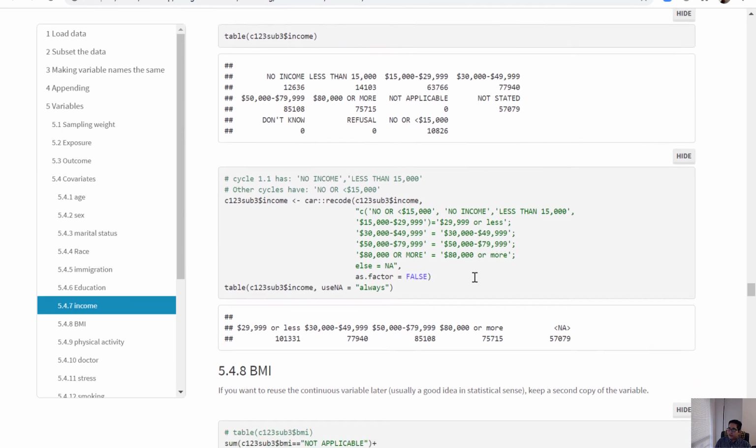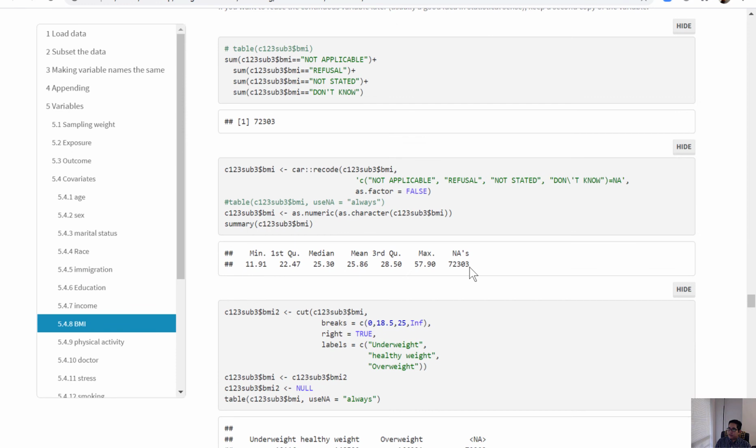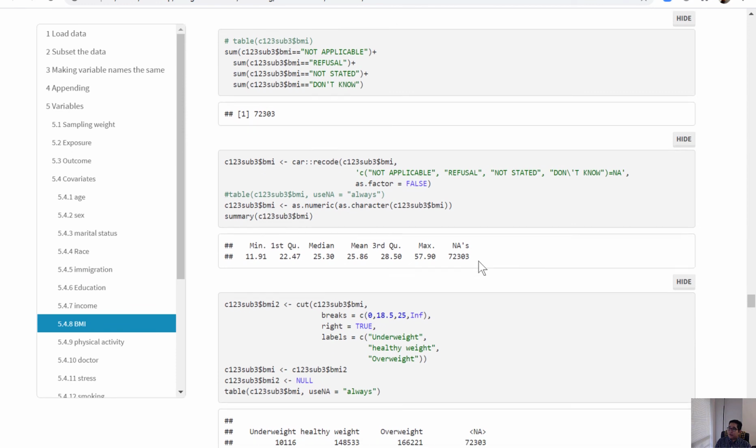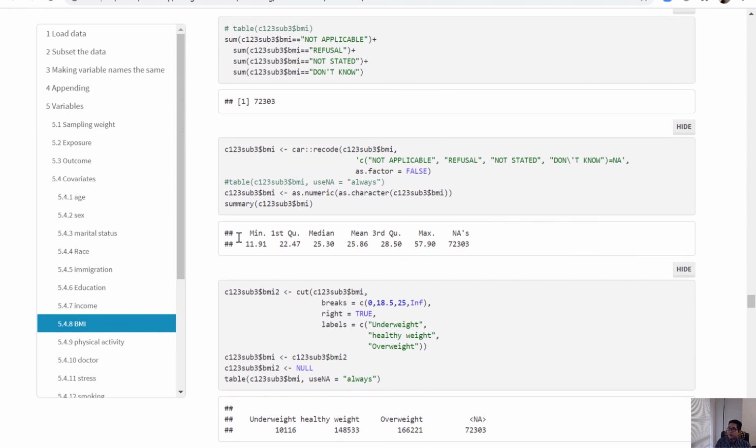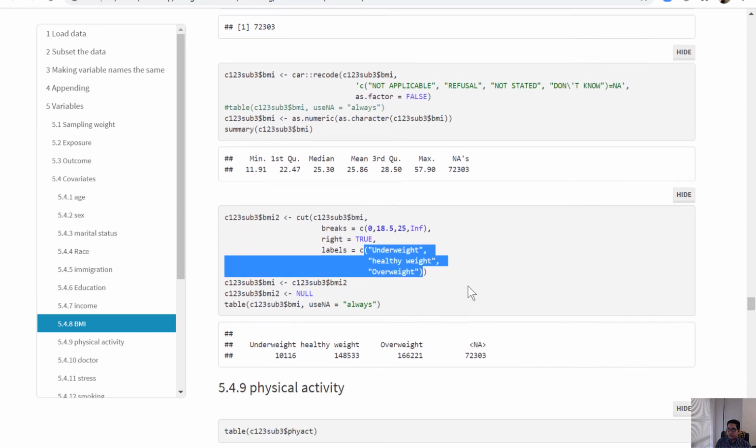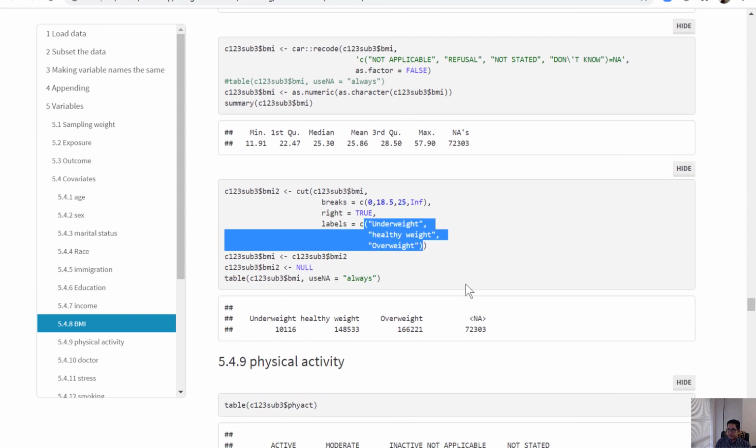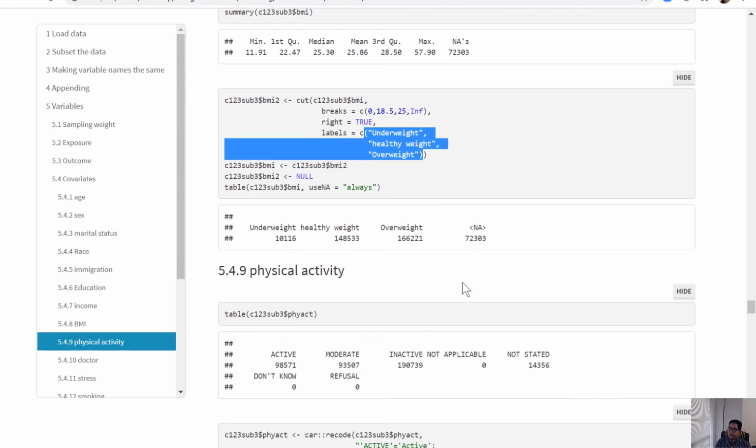Income category, I recode them. BMI category, I simply recode from a continuous variable. This is not a recommended practice. If you have a continuous variable, having it in your regression model is beneficial for statistical purposes, but sometimes for interpretation purposes we do this kind of categorization at the expense of the statistical benefits.